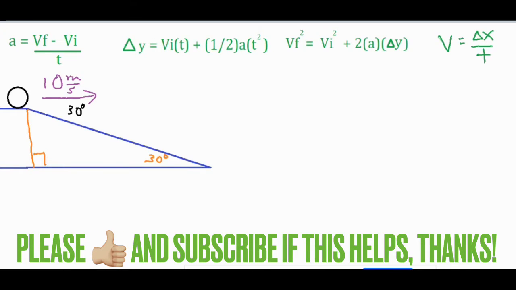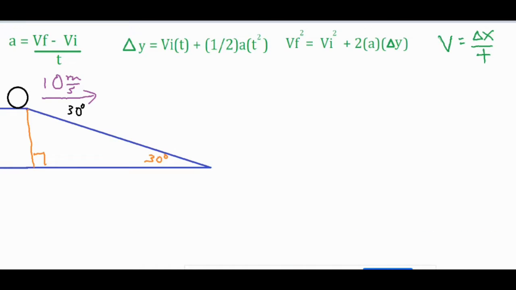We're going to go ahead and analyze everything in the x direction first. So in the x direction, we're going to be using this formula right here because there are no forces in the horizontal direction, which makes it a constant velocity. So we're going to use v equals delta x over t. Now, we know that the velocity is going to be the 10 meters per second because all of it's directed horizontally.